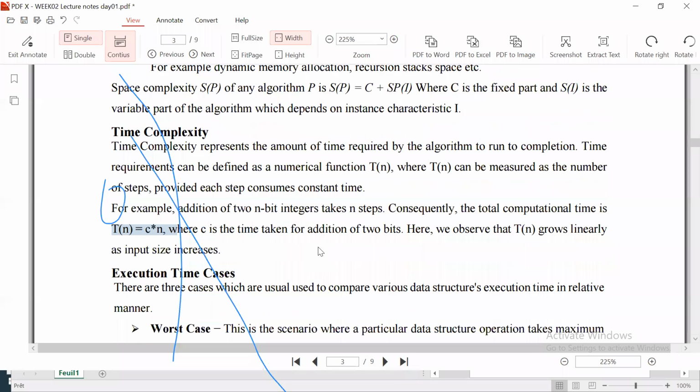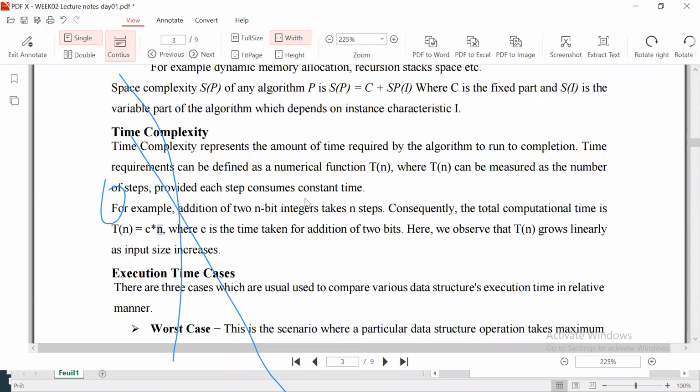So it means if you have an algorithm that is made up of n instructions, n can be 1,000, it can be 100, it can be 2, it can be 1.